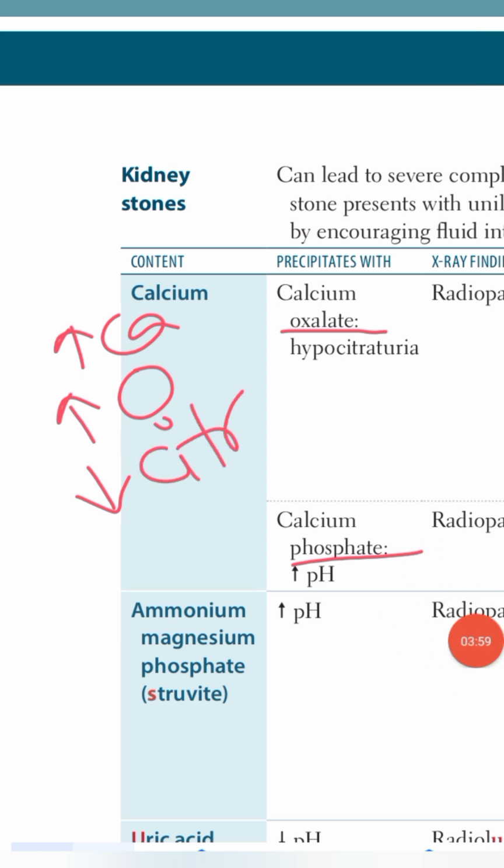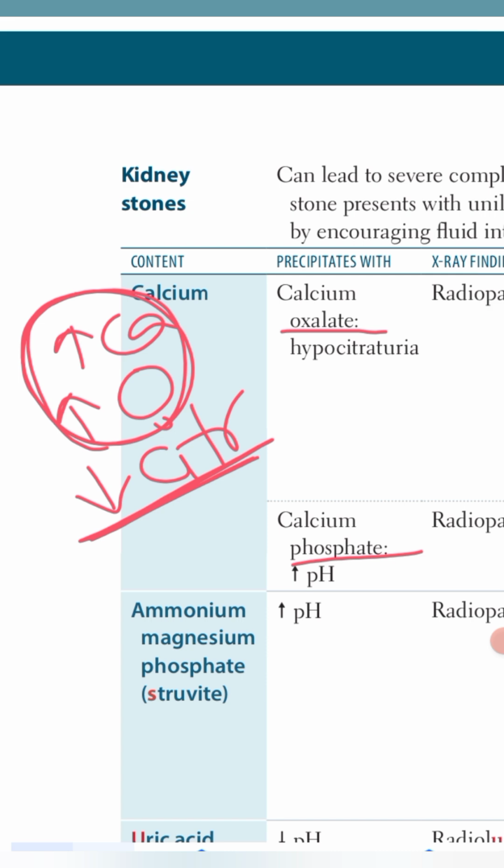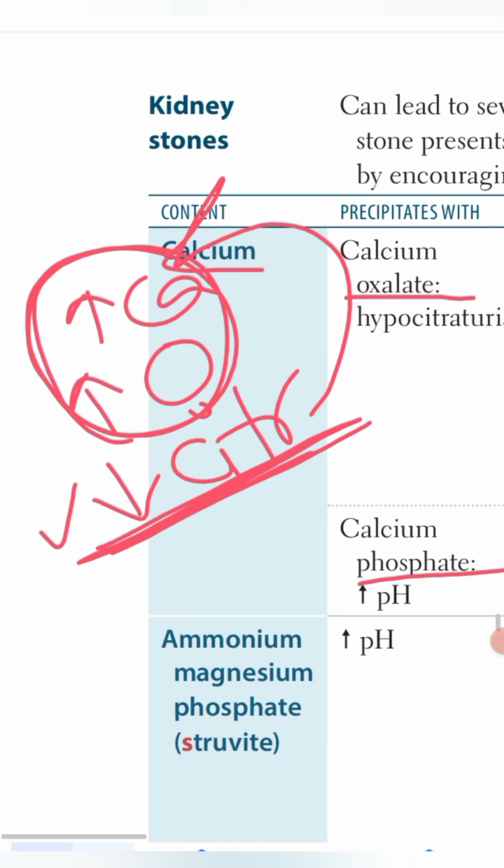When there is an increased level of calcium and oxalate, they will combine together, precipitate, and form calcium oxalate stones. And citrate is present in the kidneys. It reacts with the calcium, and in this way calcium is excreted in the urine. But if the level of citrate is less in the kidneys, it will not be able to bind all the calcium, so the calcium level in the urine will increase.